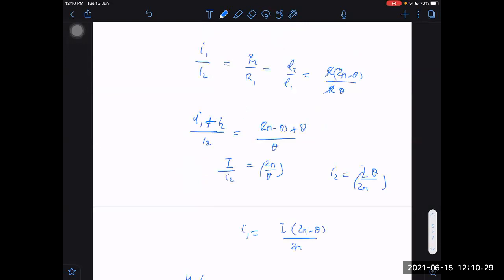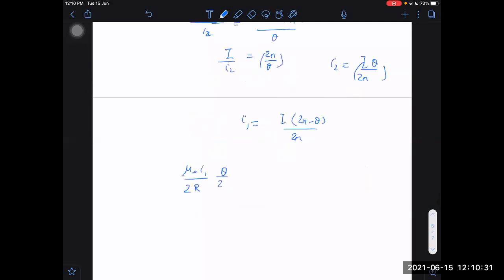Theta, into theta by 2 pi. That is the field due to I1. What is the field due to I2? That will be equal to mu naught upon 2R into I2 into 2 pi minus theta upon 2 pi. Both fields will cancel each other.